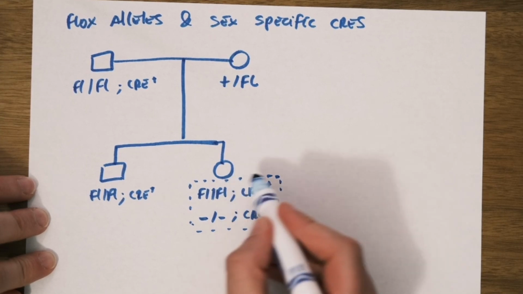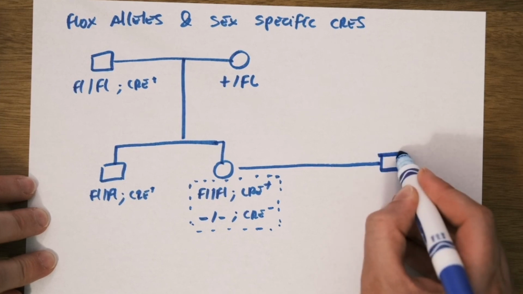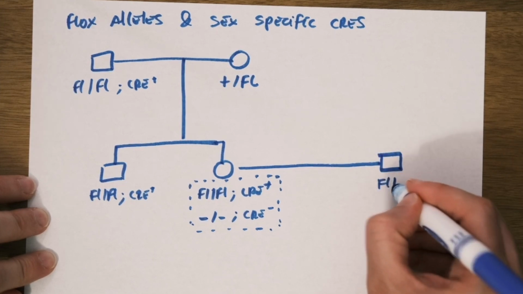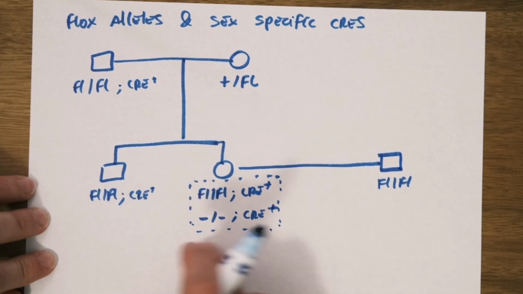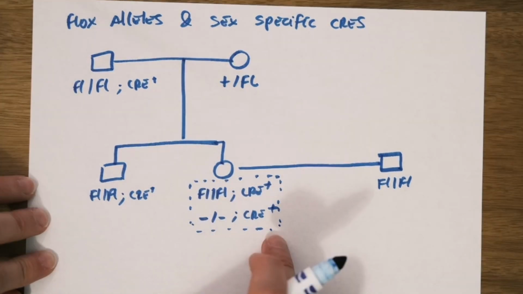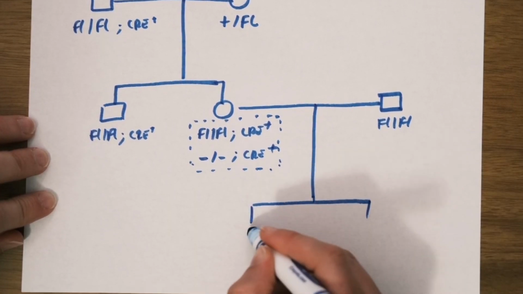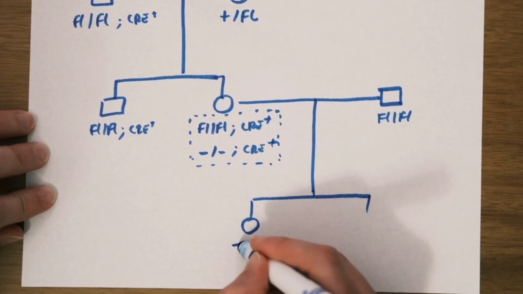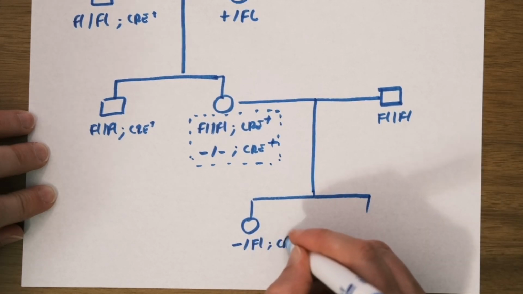So what happens if we cross this female? Actually, this is the experiment that we want to do in some way. We want to check if these females are fertile when the allele is removed in the female germline. What we can get is a situation where we have the null allele and the Flox coming from this animal, and the Cre if you want as well.